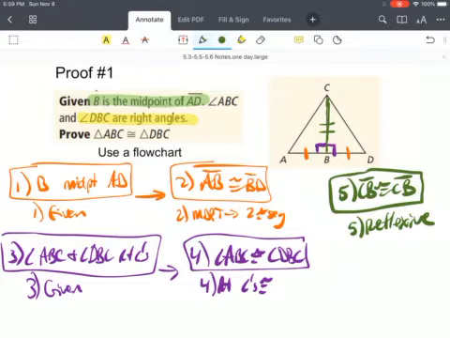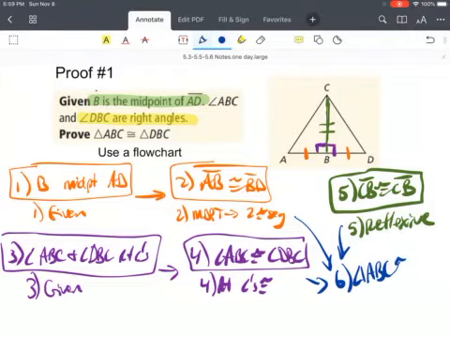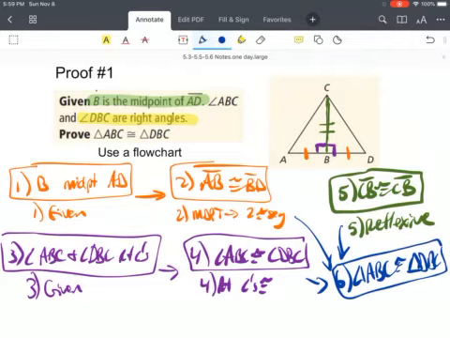And then I can see in my proof that I have a pair of sides marked congruent with the angle included between them. So that tells me that I have my congruent triangles. And that is because of side, angle, side.